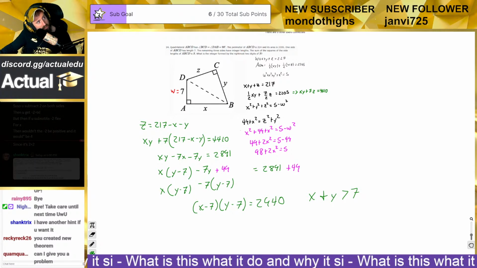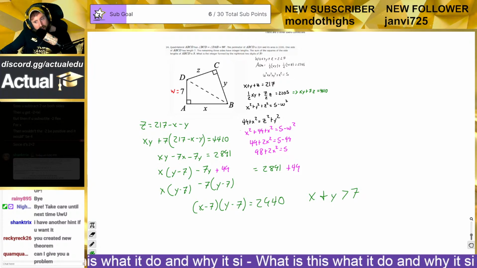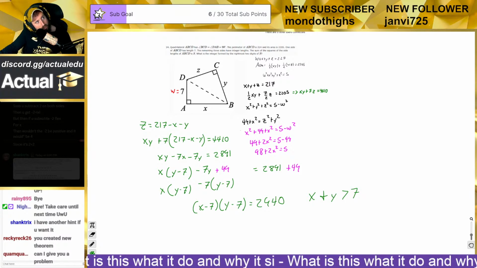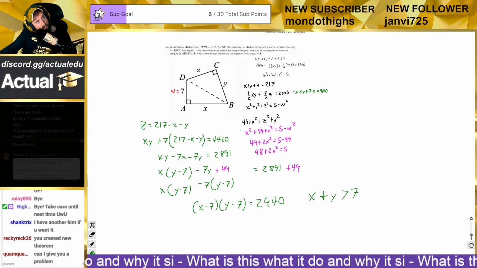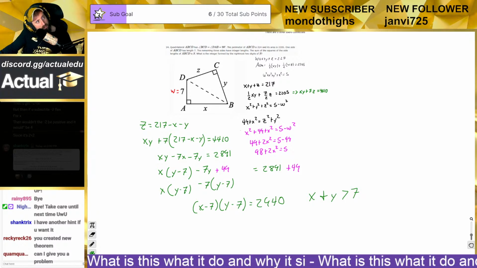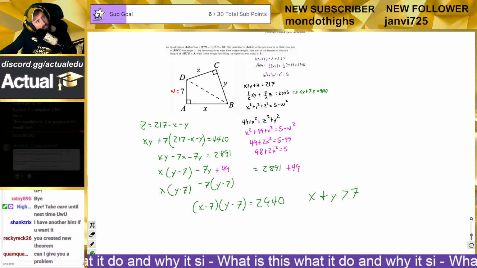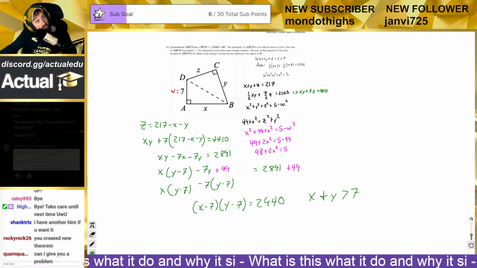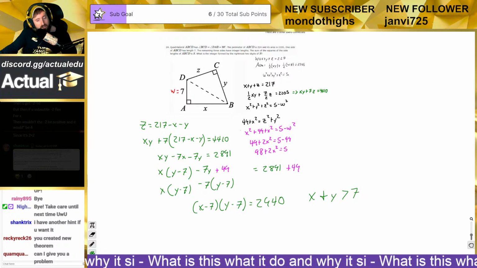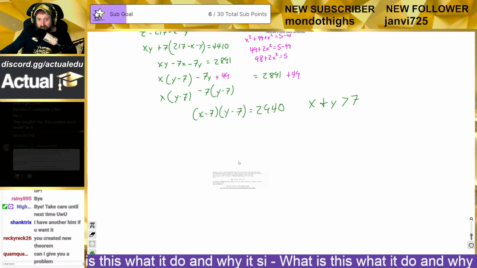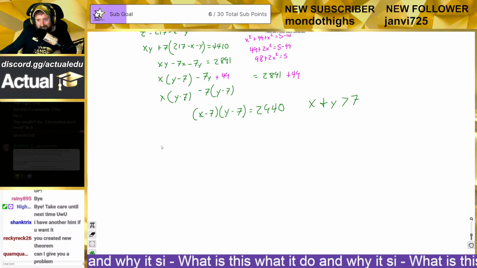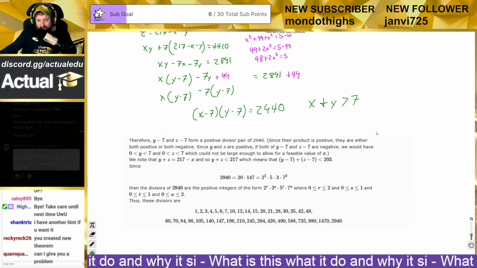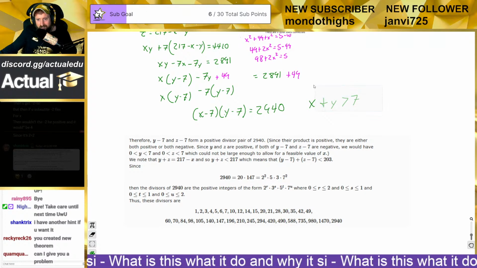Okay, here we go. Here's the next hint. Yes. Okay. So x minus 7 and y minus 7 form a positive divisor pair of 2940. They're either both positive or both negative. Since they're positive, if both of them are negative... Oh, okay.